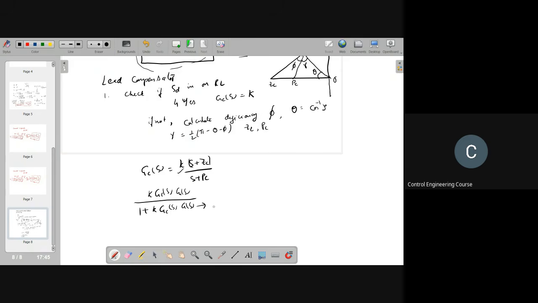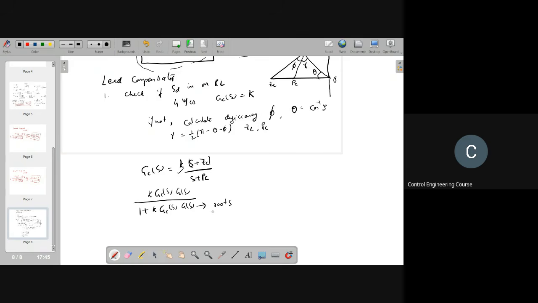You have to calculate the poles, the roots of this equation. Then obviously the dominant root should be your Sd, and for the remaining roots we have to verify whether they are far away from this dominant pole. So that is how you have to validate again.